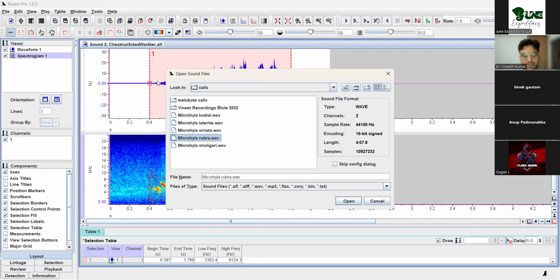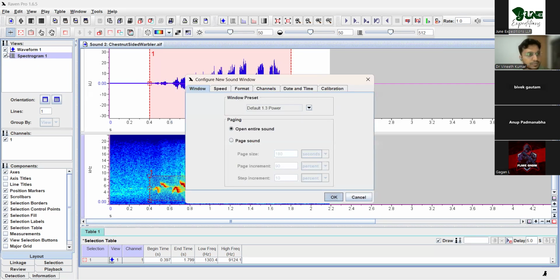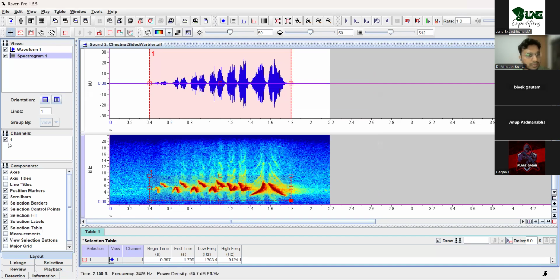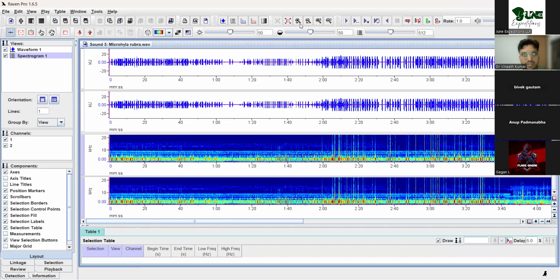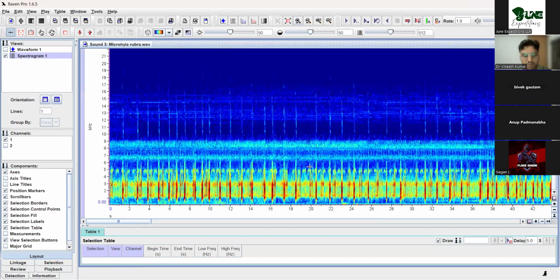If you see this, Divya, can you see as I zoom in? Do you see there are two different spectrograms? Yes. So now you know for sure this is one species.